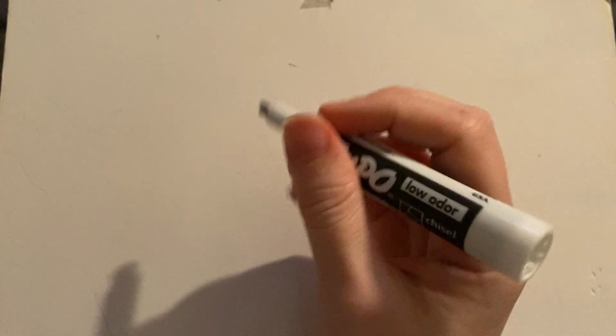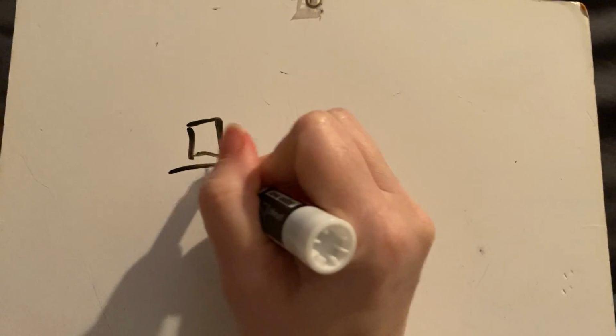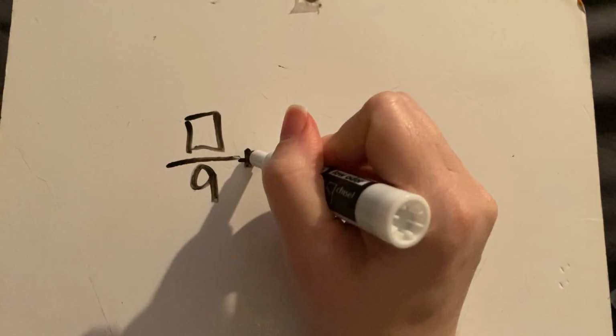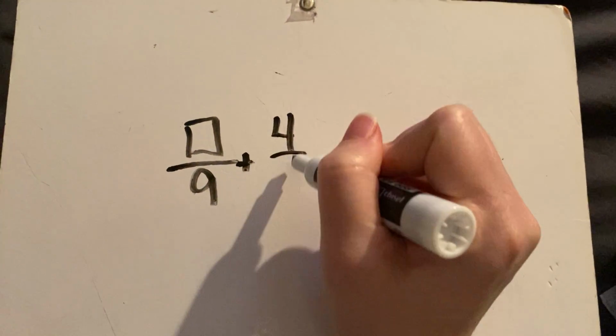Number 13, you have to find 3 numbers. So I have a fraction with a missing numerator. Let's say it's something over 9 plus another fraction. Let's say this is 4/9.